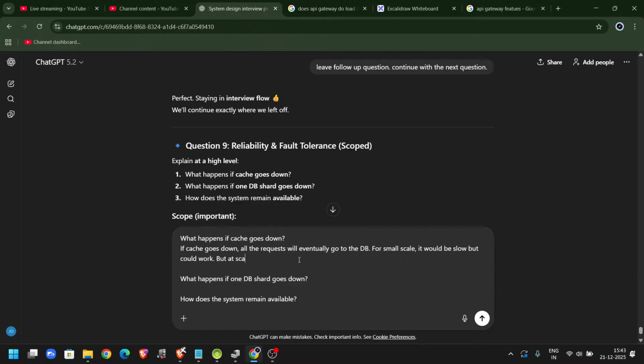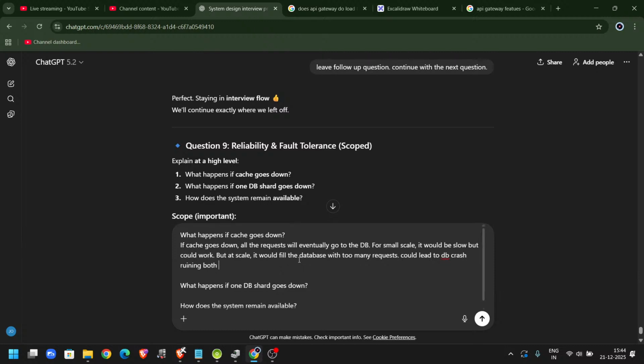But at scale, too many requests could lead to a DB crash, for both reads as well as writes.